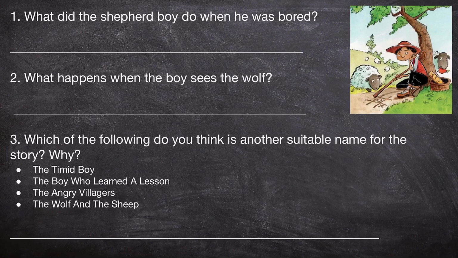You have to decide which of these 4 options is another title that is a good title for this story. You also are going to be writing down why do you think this is a good title, the one that you have chosen or selected. Take time to pause this video, copy the question, and write your answer.